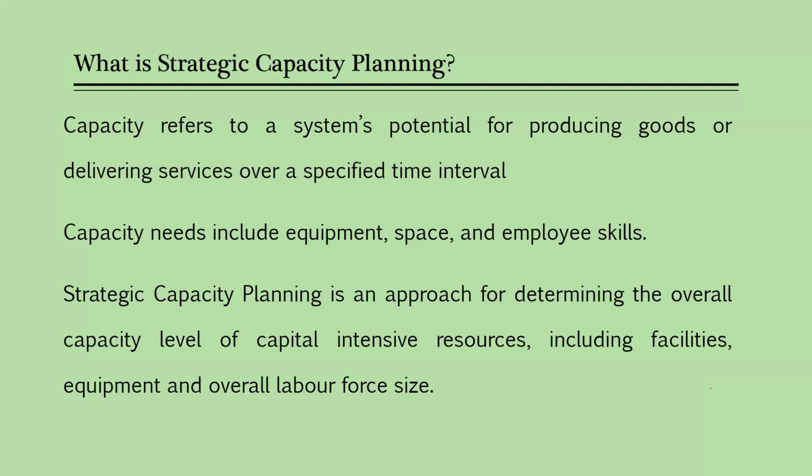Strategic capacity planning is an approach for determining the overall capacity level of capital intensive resources, including facilities, equipment, and overall labor forces. So here you can see it is an approach for what? To determine the overall capacity level. And here the overall capacity includes resources such as facilities. Facilities means the factory, then the equipment as well as the overall labor forces.